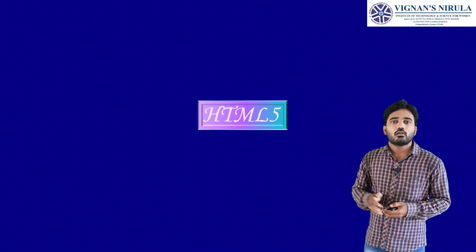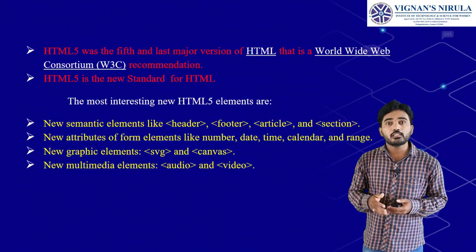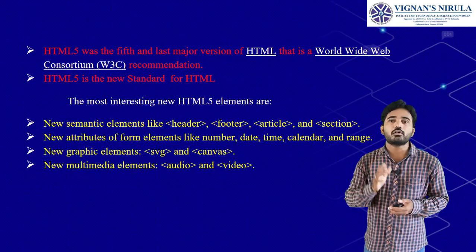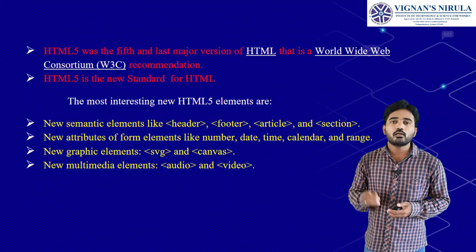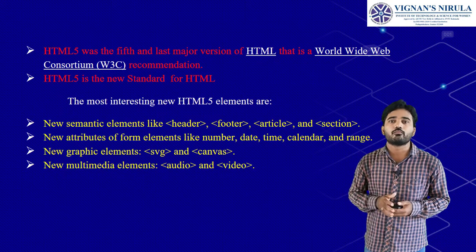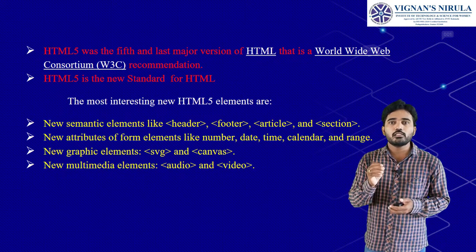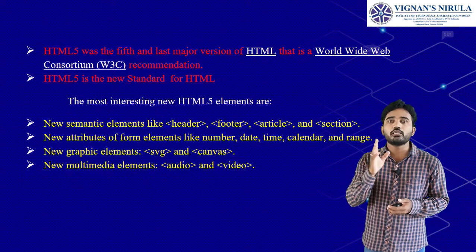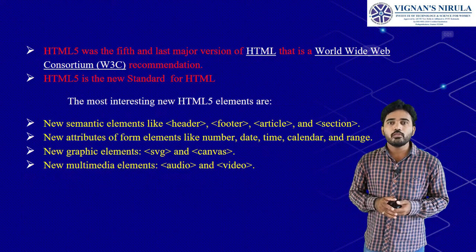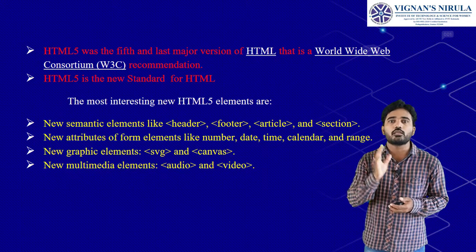Understood? So coming to HTML5, it is the fifth and the last major version of HTML, that is the World Wide Web Consortium recommendation. It means HTML5 is a recommendation by W3C and HTML5 is the new standard for HTML.